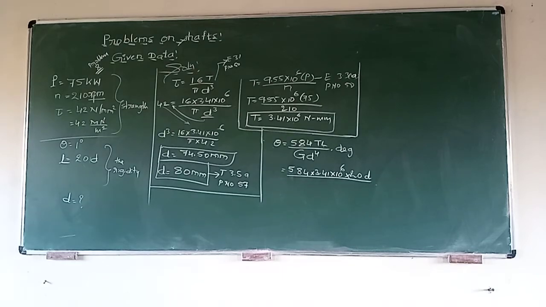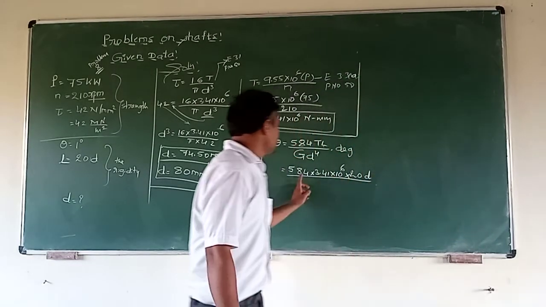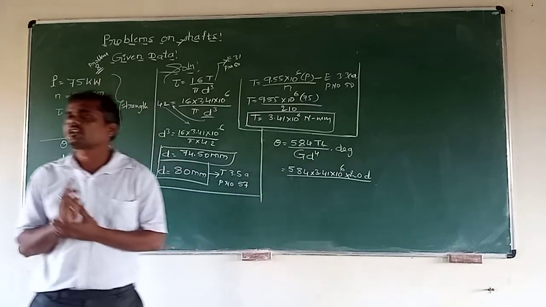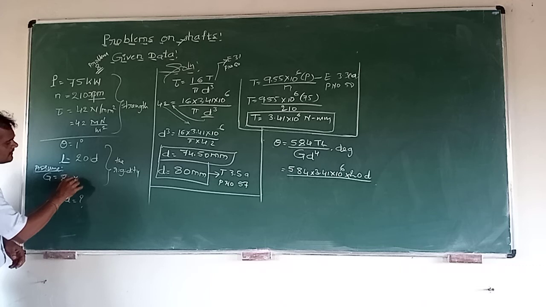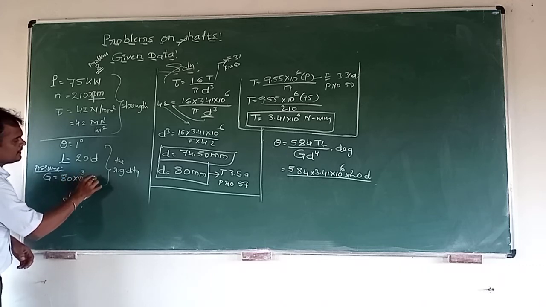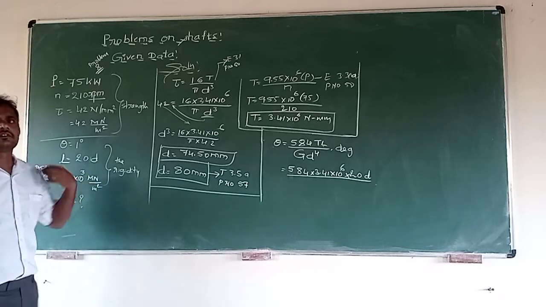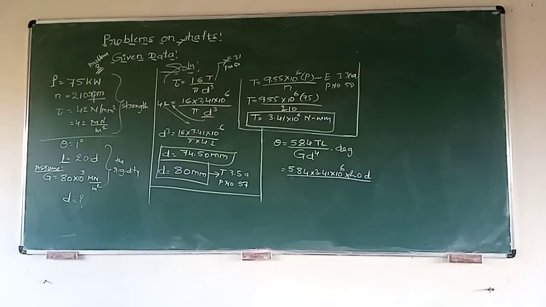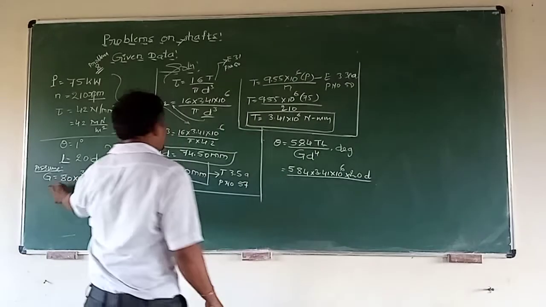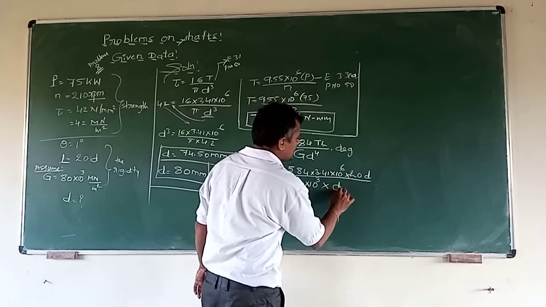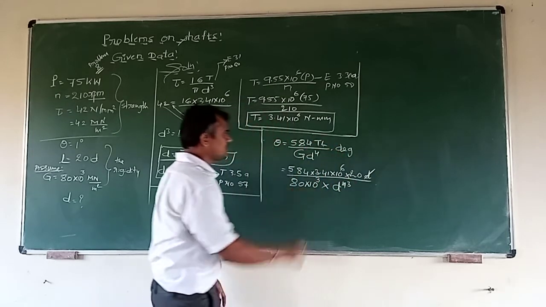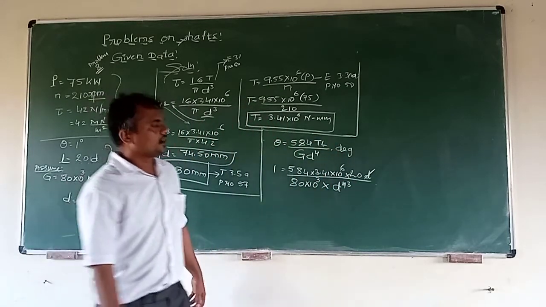We have to assume it: G is equal to 80 into 10 raised to 3 mega Newton per meter square. So directly substitute 80 into 10 raised to 3 upon d raised to 4. Here d will get cancelled and the remaining is d cube. Theta is 1.